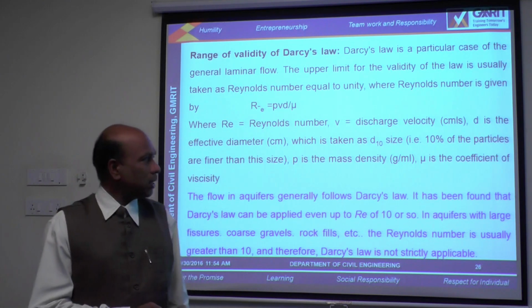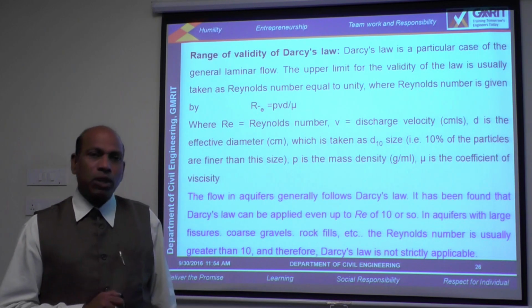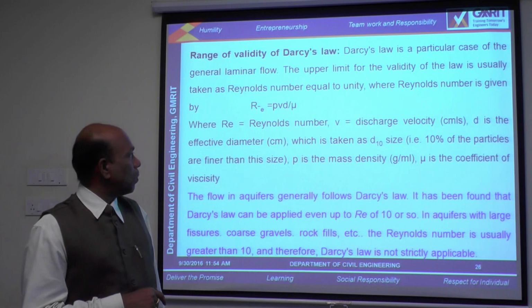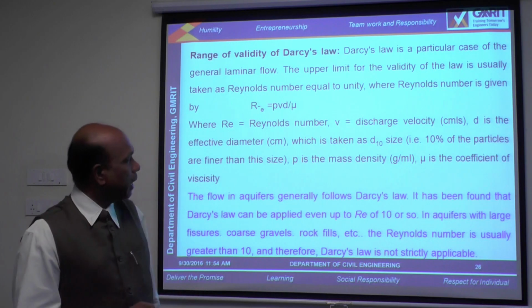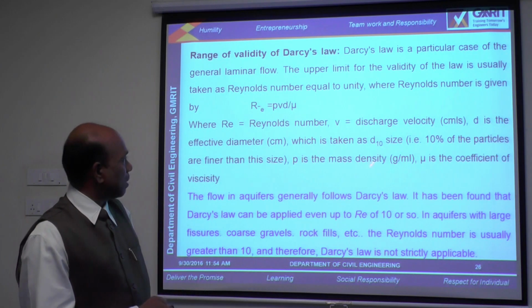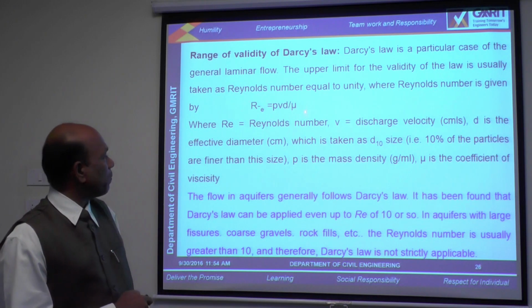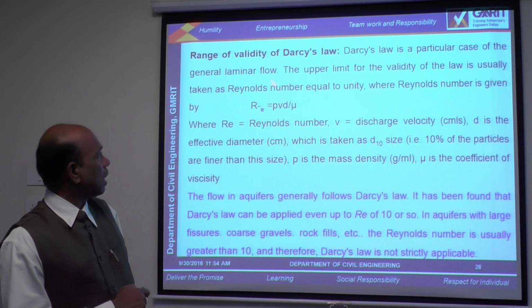You know the formula for the determination of Reynolds number: Re equals rho V d by mu, where rho is the mass density of the fluid, V is the velocity of flow, d is the effective particle size, denoted by D10 size, and mu is the viscosity of the fluid. If the Reynolds number is unity, then laminar flow exists.